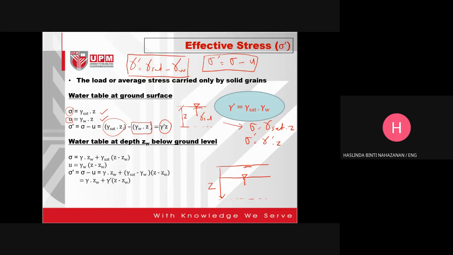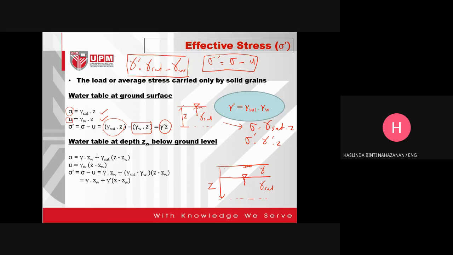Okay, so total stress for this case: above the water table it is bulk unit weight or dry unit weight. Below the water table it is always saturated unit weight.